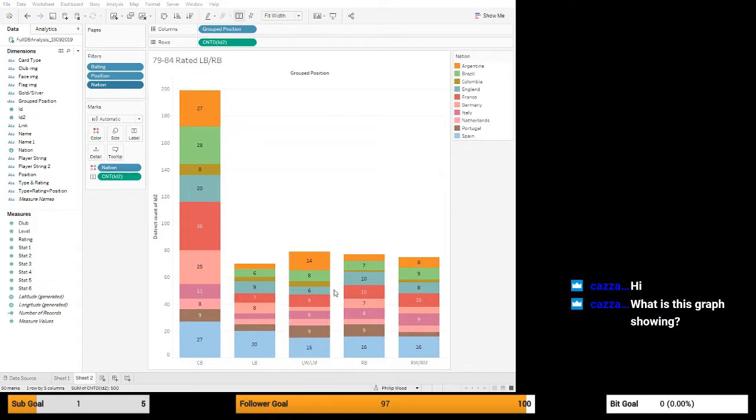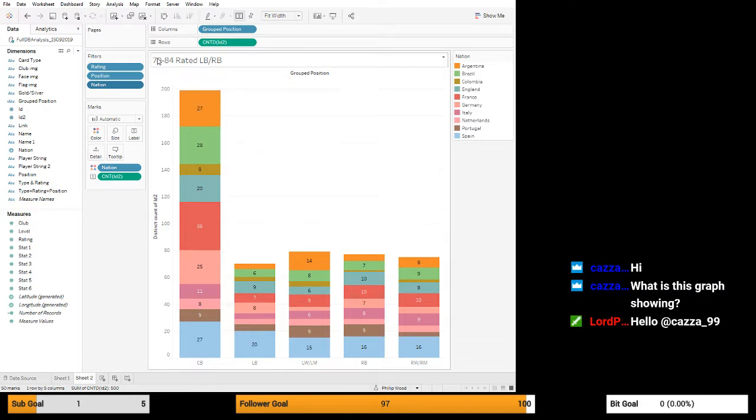Right, so the one at the moment, what we've got here is each position. So these are all the centre backs. Between the ratings of, actually that should be updated now. So it's between the ratings of 75 and 83.